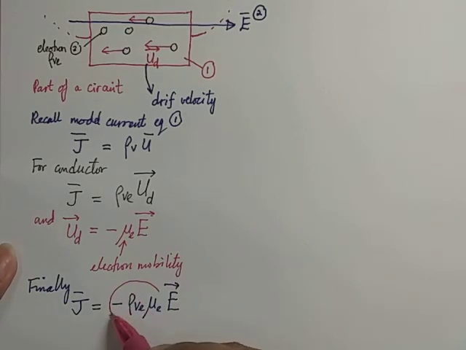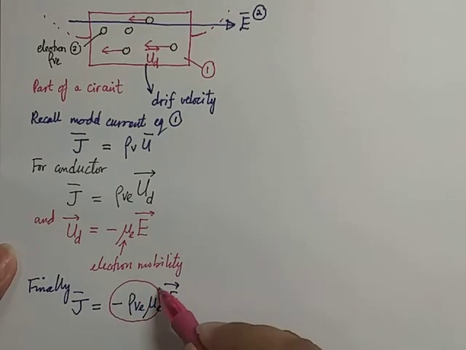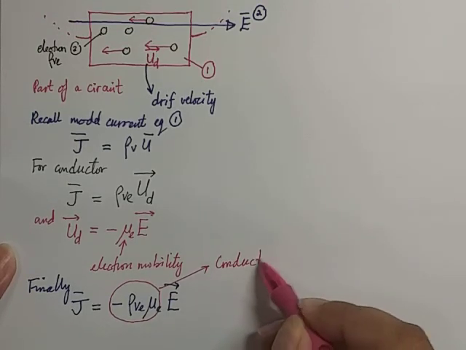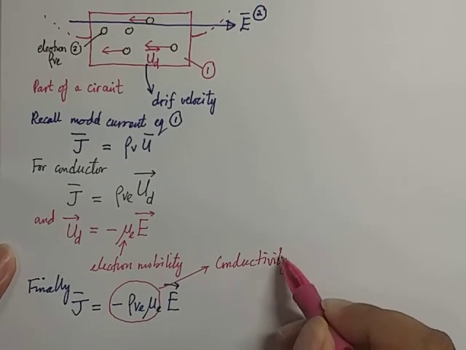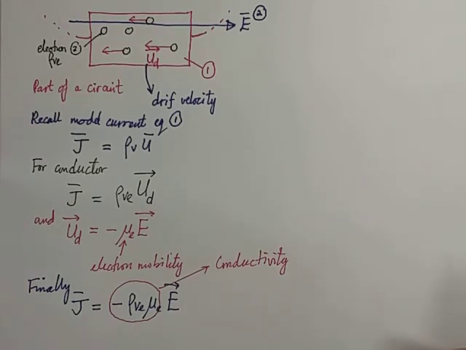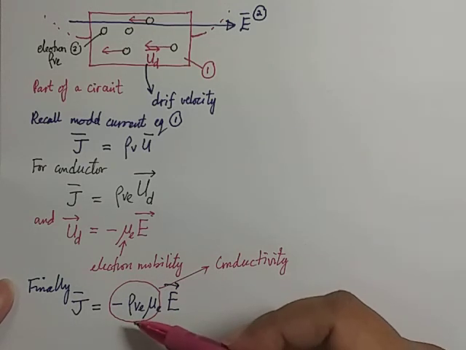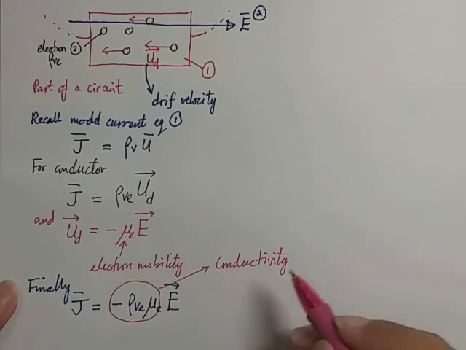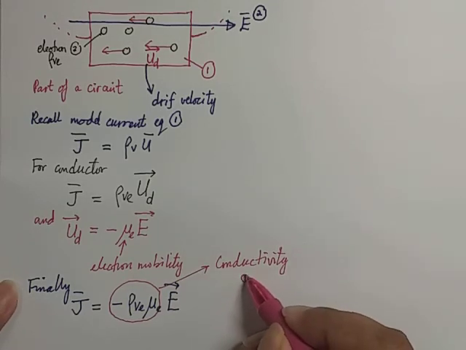This term is known as conductivity. You can see conductivity involves two major parameters: first, the charge density, and second, the electron mobility. The sigma we use to represent conductivity is the small sigma.